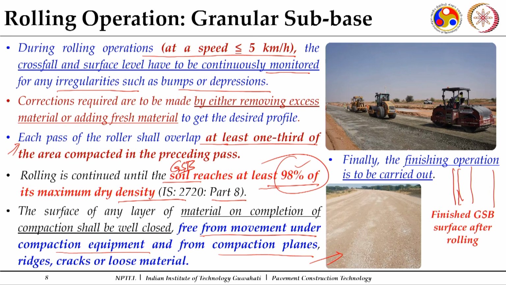When the next pass comes having an overlap of 1/3 over it, and this keeps on continuing, after a certain period of time you will find that these compaction planes or ridges are removed, and there should be no loose material lying on the surface. So, that makes your granular subbase course surface ready to take up the second layer, which may again be of a granular subbase course material or a material which can be of a base course.